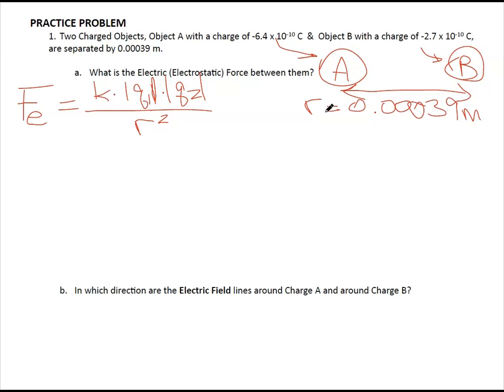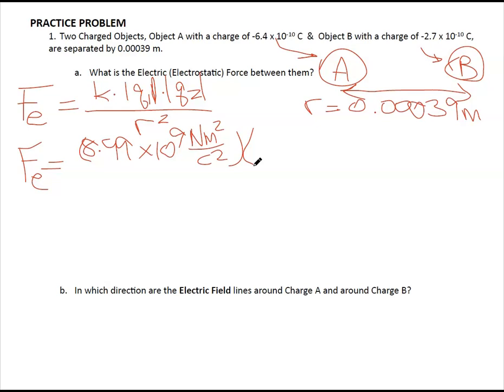So now we just plug in the numbers and we get 8.99 times 10 to the 9. Don't forget your units. This is Newton meters squared per Coulomb squared. And that's the value of Coulomb's constant times each of the charges, and we don't include the negative signs.